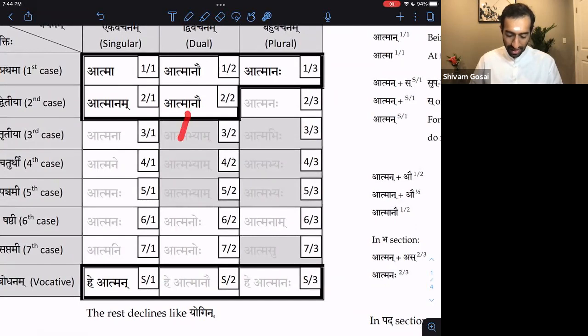There's no more of that second to last letter becoming long. So then now we just have atmana, atmanaha, atmanaha. Okay, so this is atmanaha, this is atmanaha. So the only difference is that akara does not become long, does not become dirgha. Okay, because that dirgha only happens in this section.